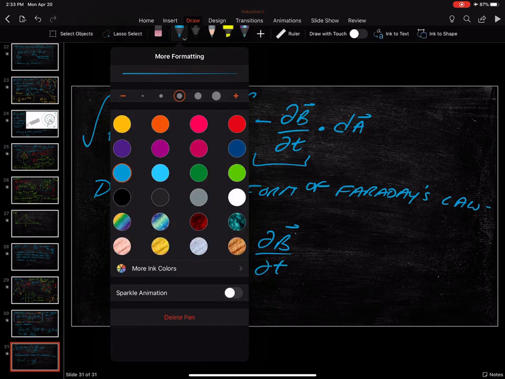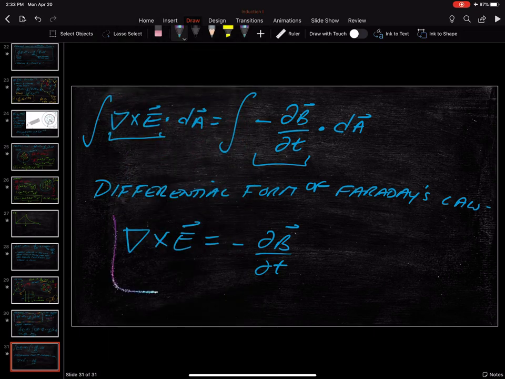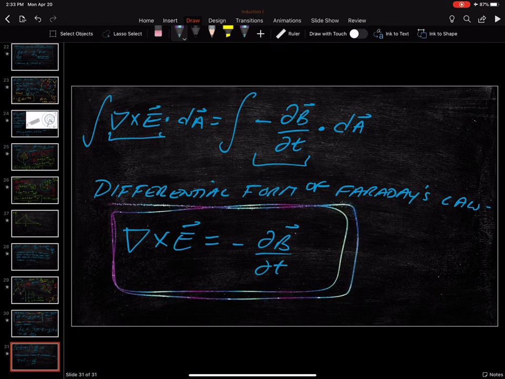Okay, and again, I'll sparkle it in some other colors, because this is also always true.